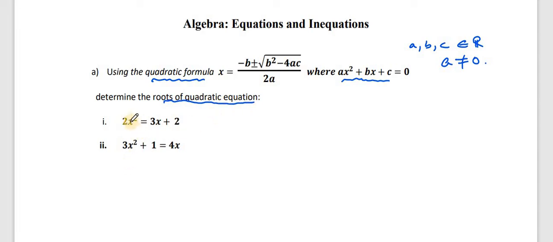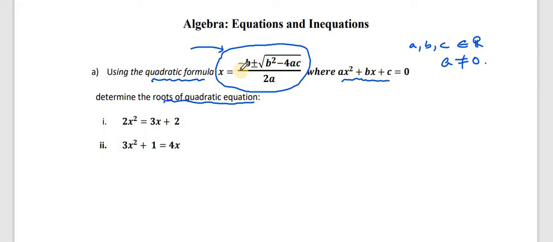Now you might be saying, but I thought we're not working with those that have a number higher than 1 before the x squared. I thought we just have 1 before x squared. But the thing is that we're using this formula, so we're not focusing on factorizing. If you can factorize, you can use the factorization method and solve, but not all of them can be solved by factorization.